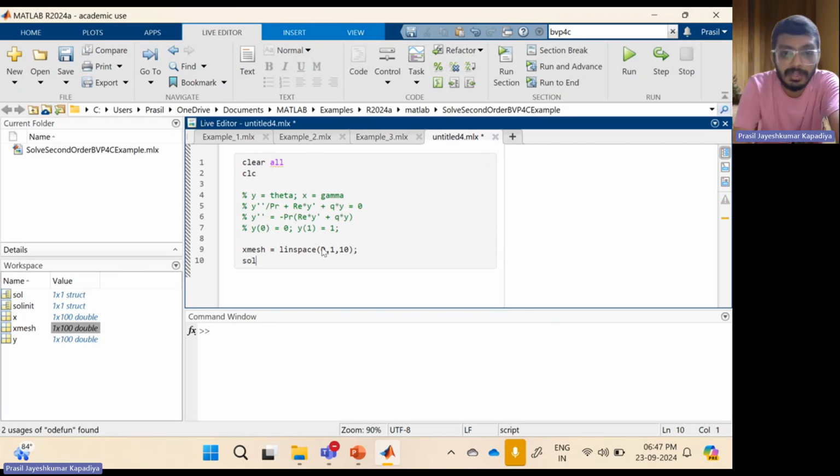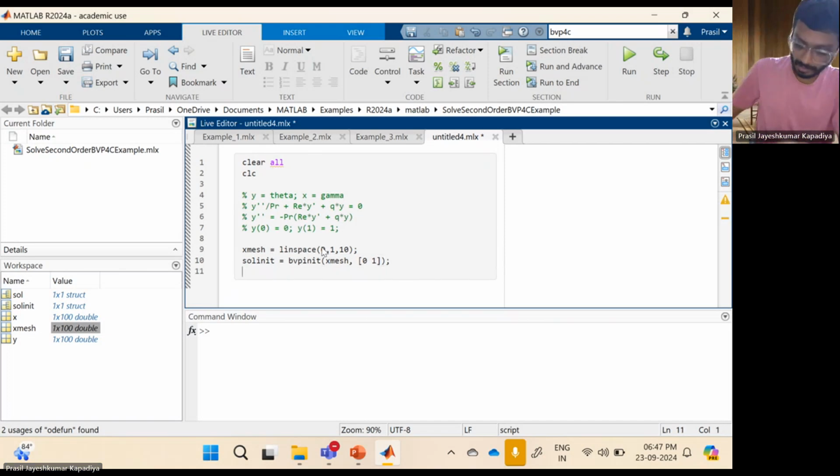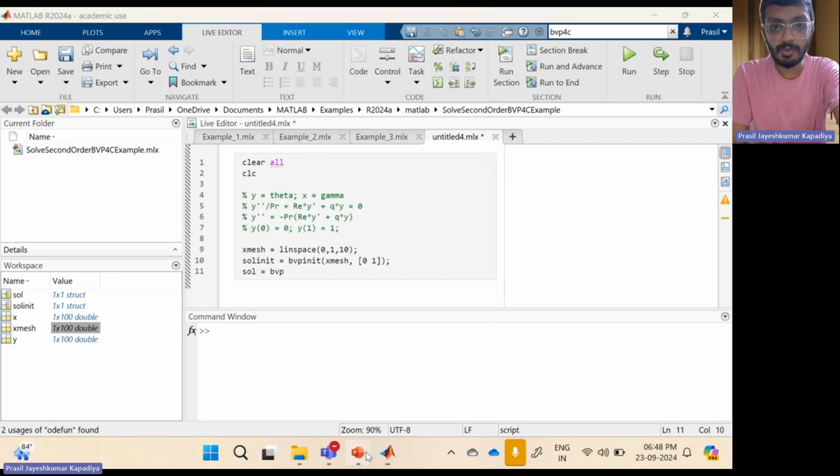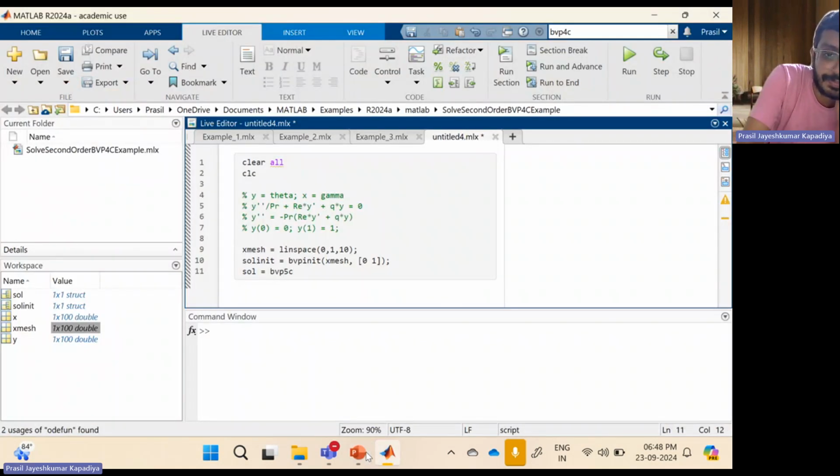Then my solinit, similar thing. I'm not doing anything new here. This is just syntax: solinit is equal to bvpinit of x mesh, comma, initial guess. Let's say it is 0, 1. And we will be writing solution is equal to bvp, are we supposed to use bvp4c or 5c? bvp5c. So bvp5c.